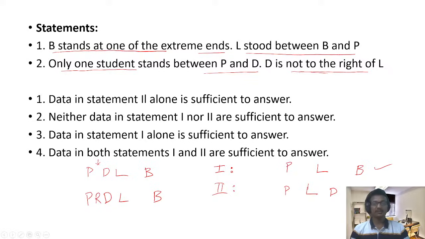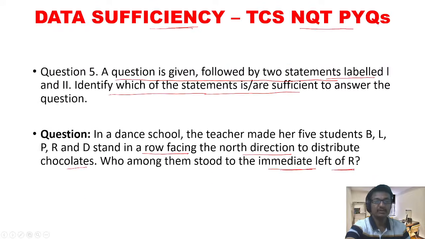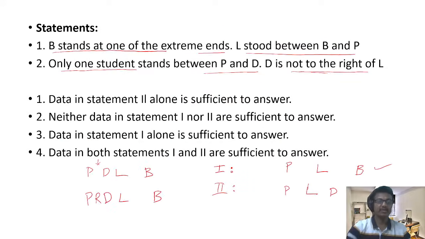It is R, because there are only 5 students: B, L, P, R and D. So R is the student standing between P and D. Then who is present in the immediate left of R? P is the person present to the immediate left of R here.